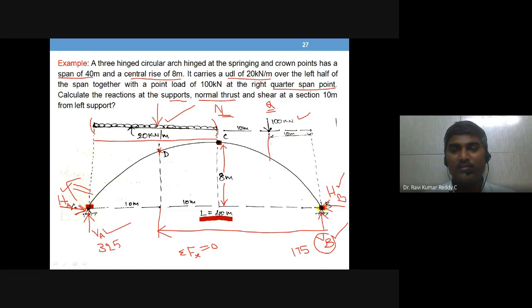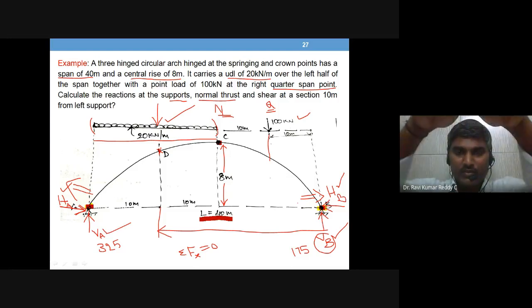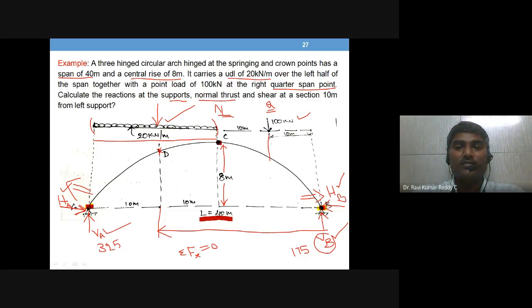Similarly, this end also will try to move outward, because you are applying the load vertically downward, which means you are pressing the arch down, so the springing points will try to move outward. So it's very simple.